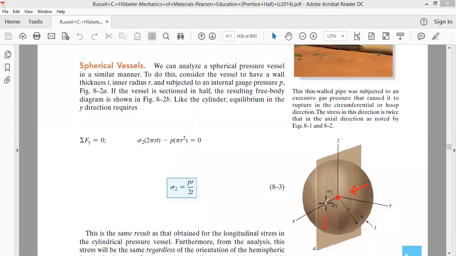That is, the dimensions of this element will change along this direction as well as along this direction, in the directions where sigma 2 has been drawn.